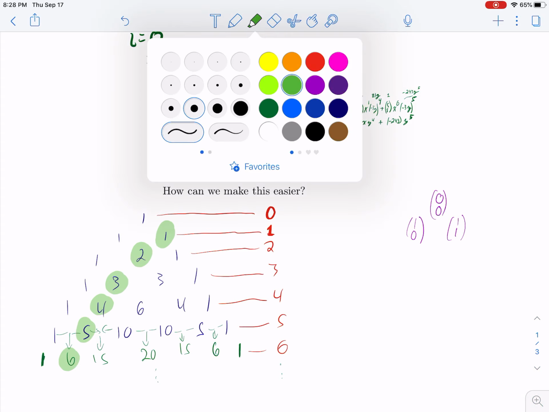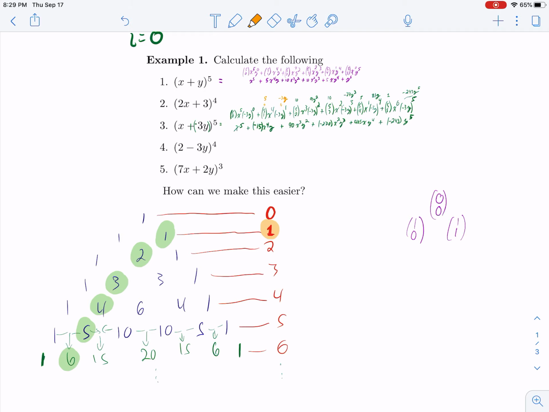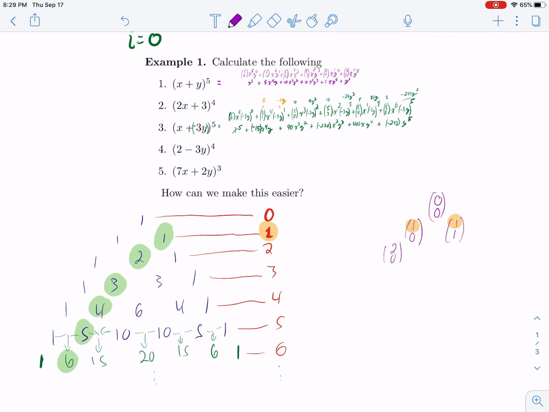The row we are in is the top number in the binomial coefficient. So we're going to have 2 choose 0, 2 choose 1, 2 choose 2. 3 choose 0, 3 choose 1, 3 choose 2, 3 choose 3.